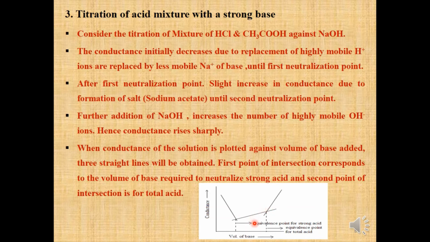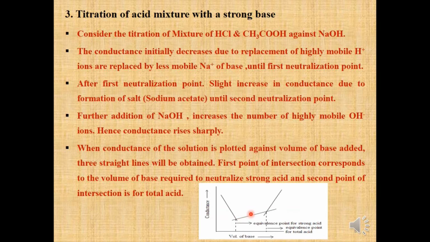So in the graph, it is clearly shown that initially the conductance is very high, but when you add sodium hydroxide in increments, conductance gradually decreases because highly mobile H plus ion of the acid is replaced by weakly mobile Na plus of the base until the first neutralization point. Next, the conductance slightly increases due to the formation of salt sodium acetate until the second neutralization point.